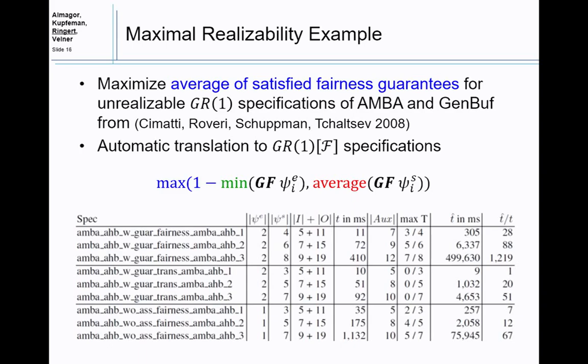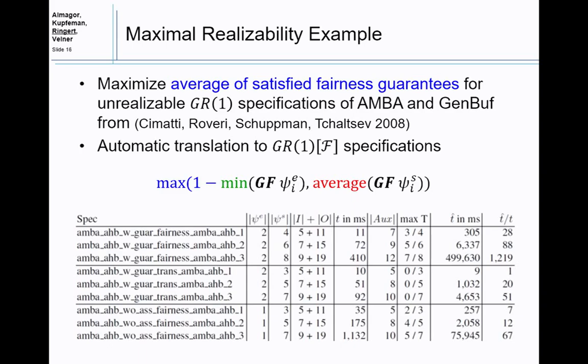And we can see here, this is the maximum satisfaction value. We can sometimes even satisfy 7 out of 8, sometimes none, because they had safety problems, so the system would run into a deadlock. And we see here the time in milliseconds for the Boolean GR1 on the original unrealizable spec.